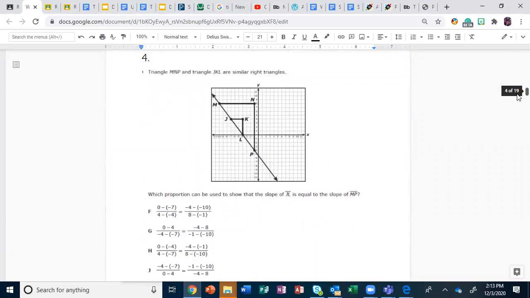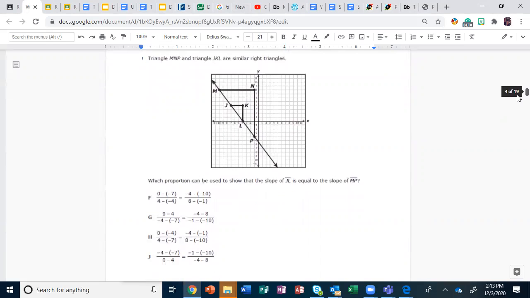All right, this one right here is also almost like the ones that we did before, but it looks messy, right? It looks like a lot of work, but it's actually not that much work. They just made it look too complicated, guys. So here's what we're gonna do. What do we know about the slopes of the triangles?